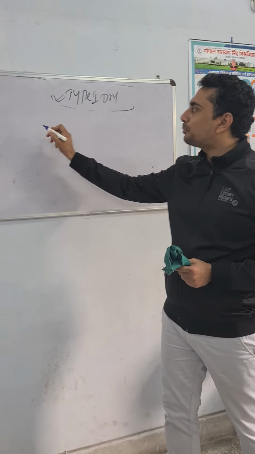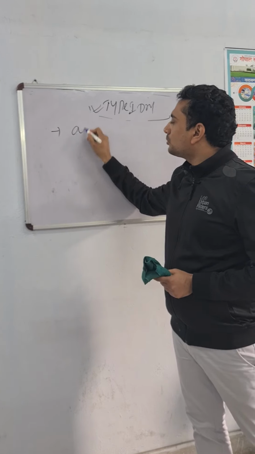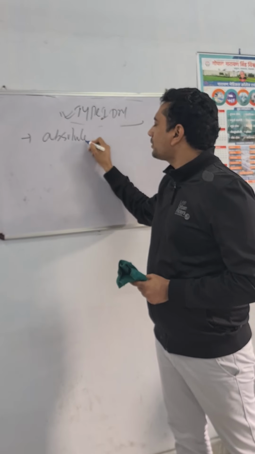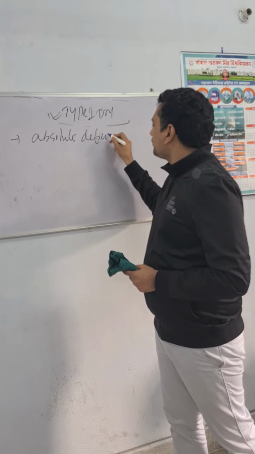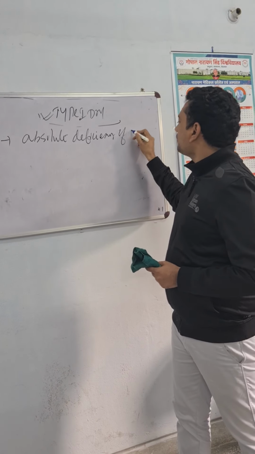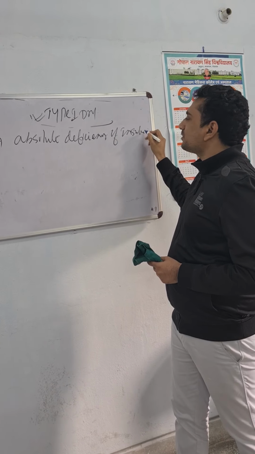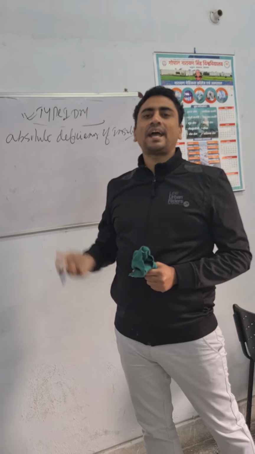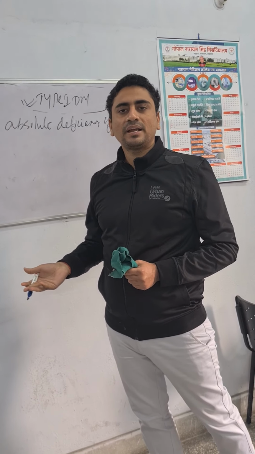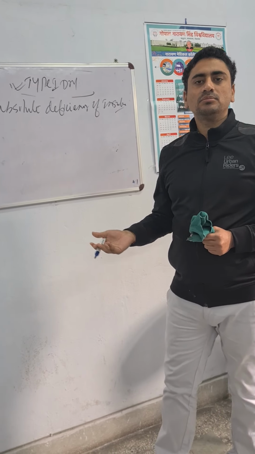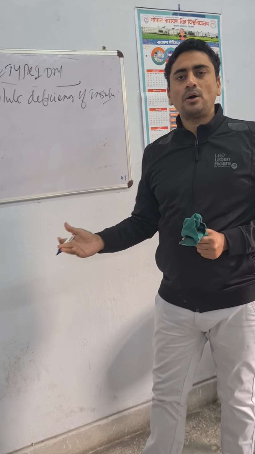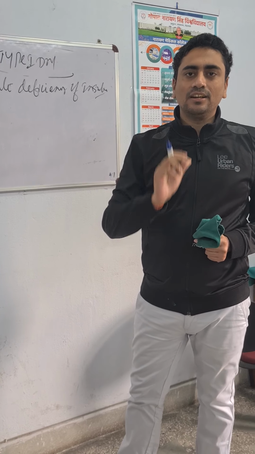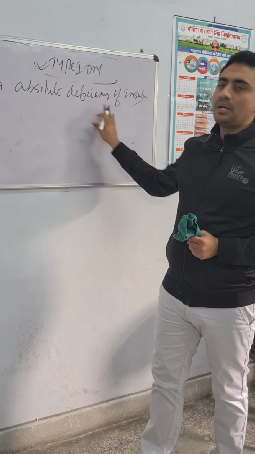That is the first key point you should remember. In most cases there is an autoimmune attack on the beta cells of the pancreas, which decreases the insulin amount to almost nil.